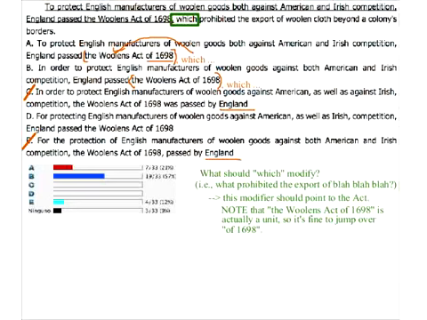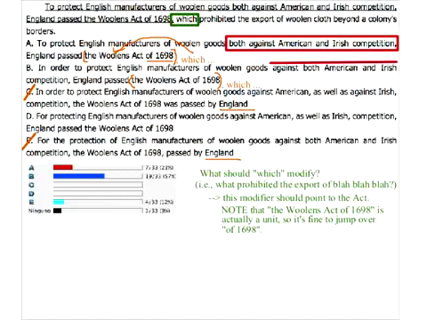Between the choices that people actually picked, which are A and D, A and B, this is another parallelism issue. So let's look at this. Against both American and Irish competition versus both against. So this might seem sort of nitpicky, but you do have to make sure that you understand how these things work.